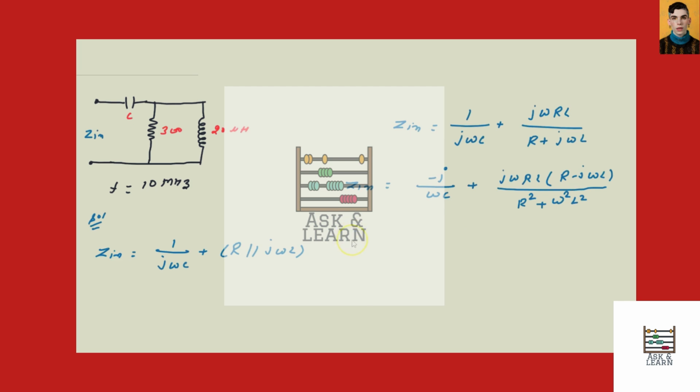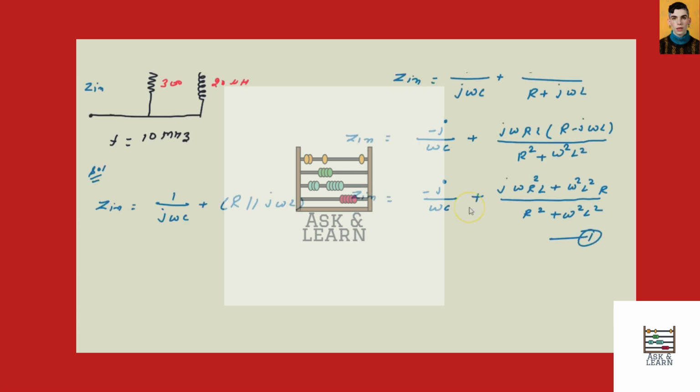So Z input equals minus j upon omega C plus j omega R square L, and here j into j is j square, which is minus 1, so we put plus omega square L square R upon R square plus omega square L square. Equation number one.